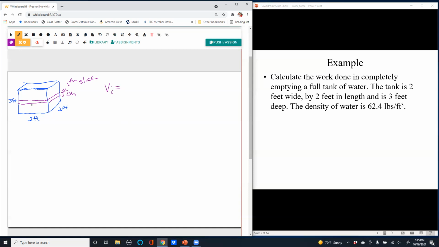All we're looking at is this slice here, the purple filled in slice. It's basically going to have the shape of a square that's just got a little bit of height. So we have 3 dimensions: it's 2 by 2 by delta H, which is 4 delta H.